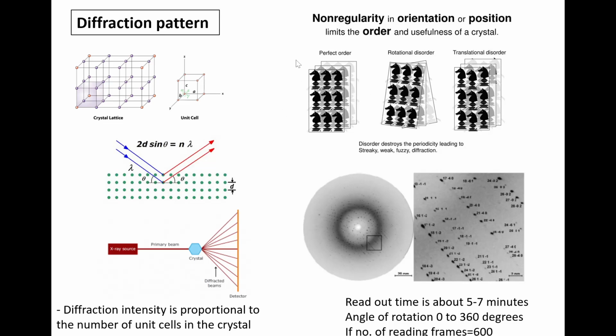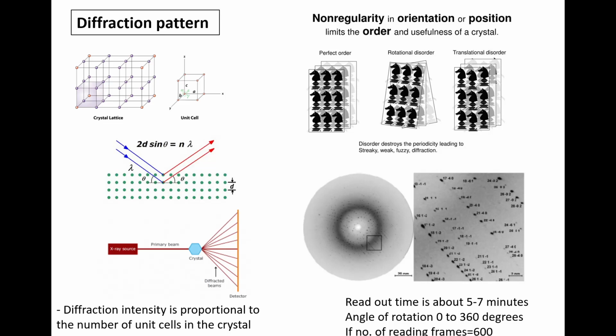If you only get a diffraction pattern from a single frame, it will give you limited information. You want data from different frames of the crystal. Okay, so for doing that, you need to rotate your crystal.